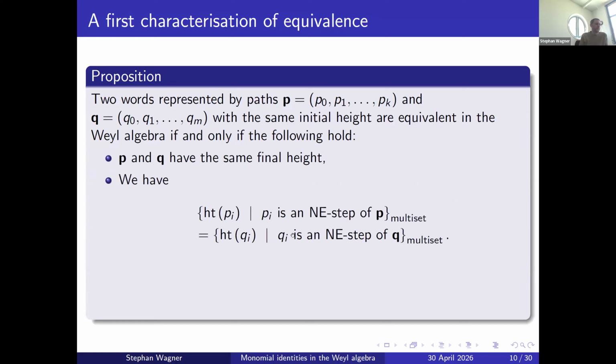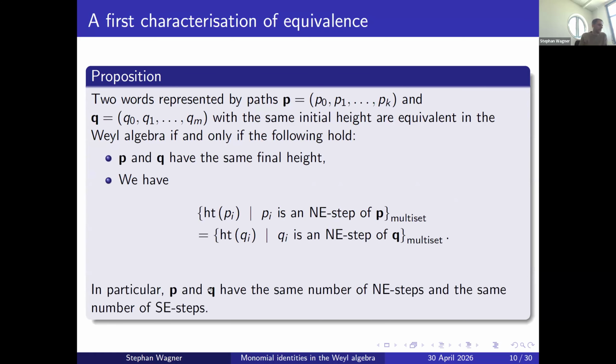And also, I need that the heights at the southeast steps or the northeast steps must be the same. The two turn out to be equivalent, actually. So you can take the northeast steps or the southeast steps, and it will amount to the same thing. In particular, P and Q will have to have the same number of northeast steps and the same number of southeast steps for the equivalence to hold.